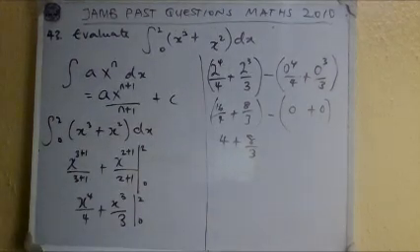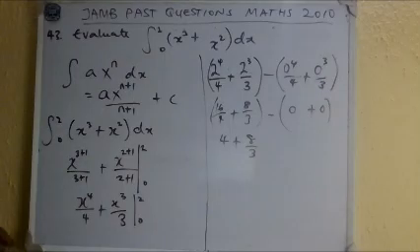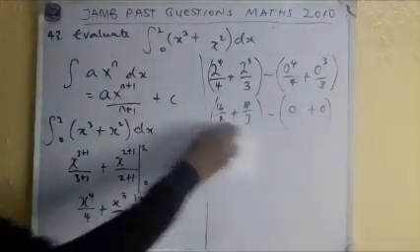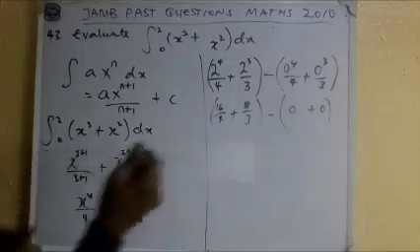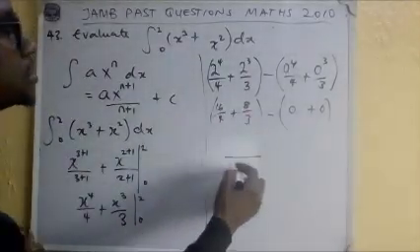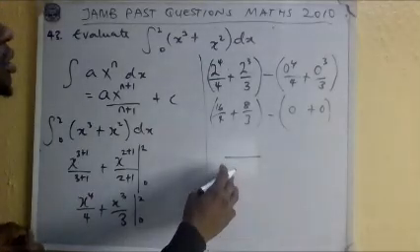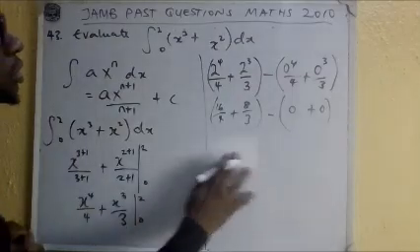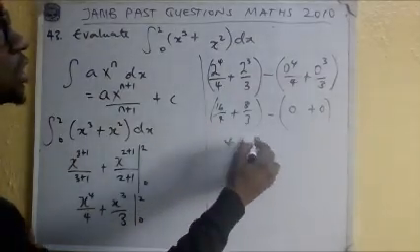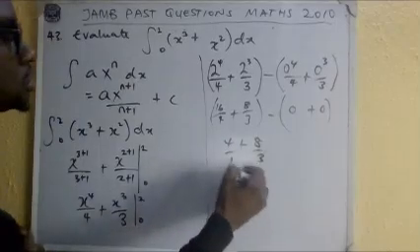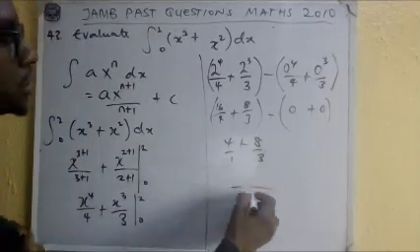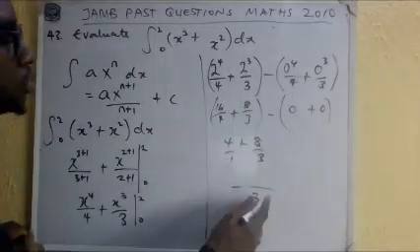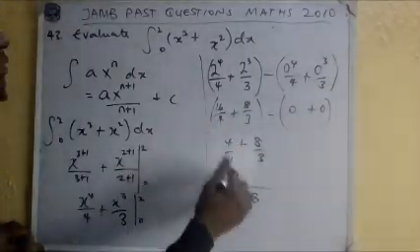Instead of going that route, let me just do the fractional maths. I'll rule my line like this and find the LCM of 4 and 3. So 4 plus 8 over 3. I rule my line. 3 is the LCM. 1 into 3 is 3, 3 times 4 is 12.